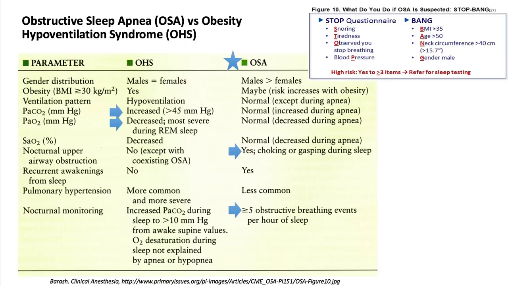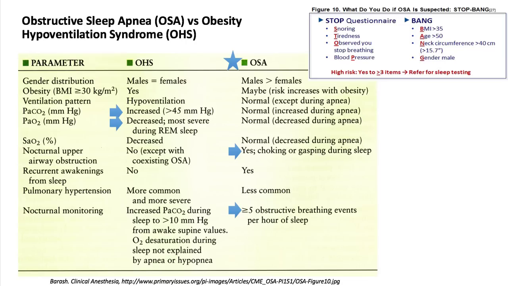If they snore a lot, if they're tired during the day, if they are observed to stop breathing during the time that they are sleeping, and also if they have high blood pressure. Snoring, S, tiredness, T, observed stop breathing, O, and high blood pressure, P, are used as part of the STOP questionnaire. And part of the BANG questionnaire is, do they have a body mass index greater than 35?